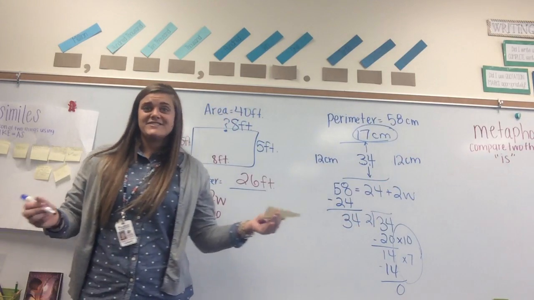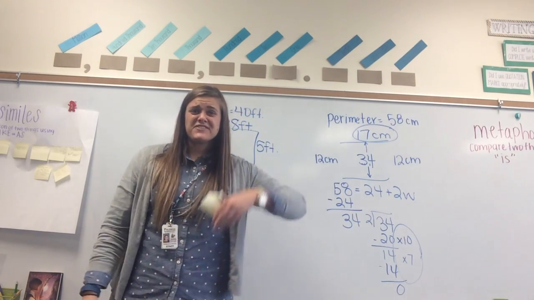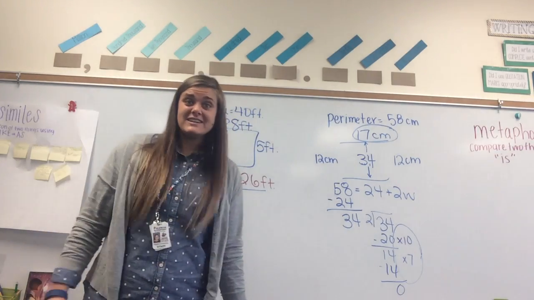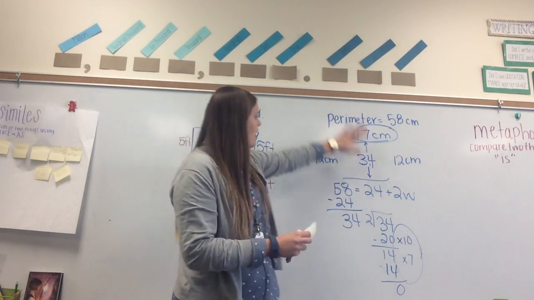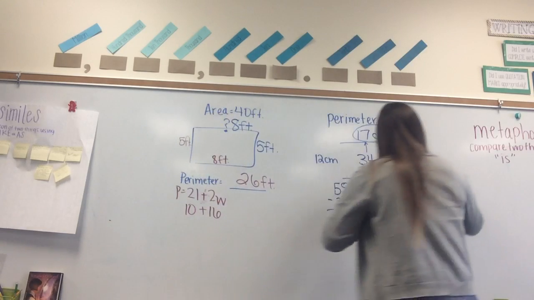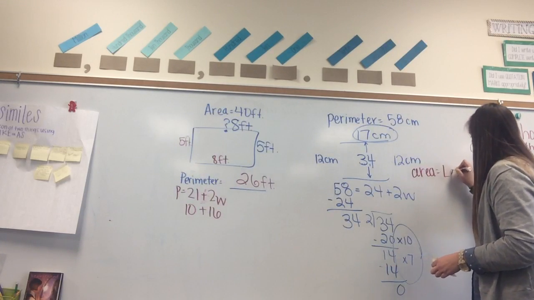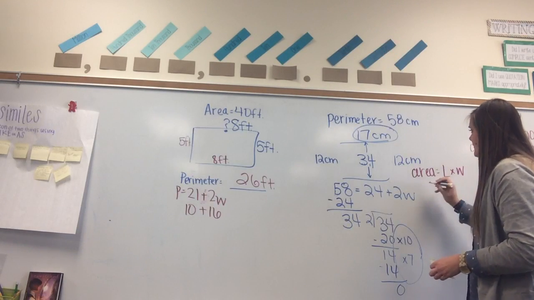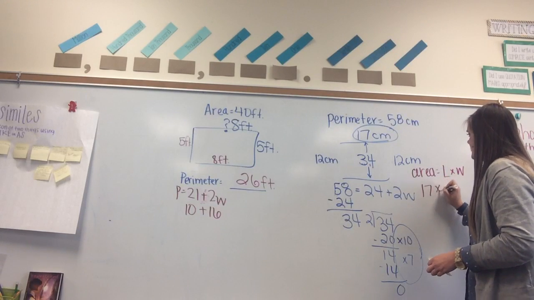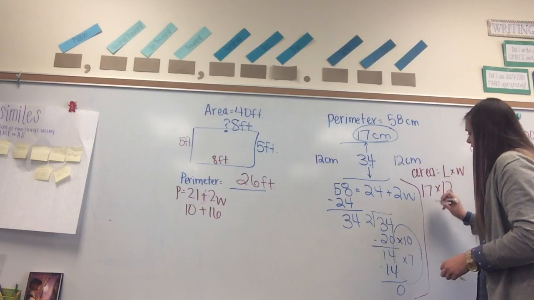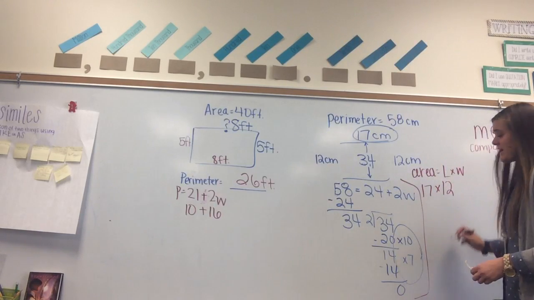Again, this is a lot of steps, and not only did we have to find the missing side, but I went crazy and told you that you had to find the area too. So we had to do all of this work and then know that the area equals the length times the width. So we had to do 17 times 12 after we were all done with this work. So the best way to do that is to use the box method.